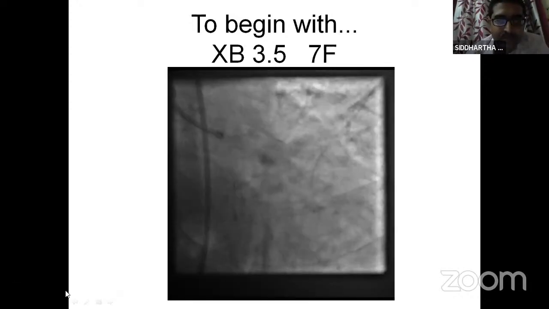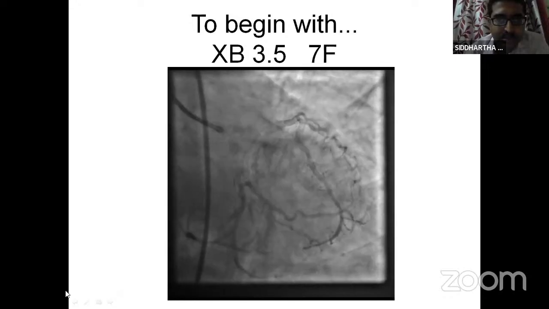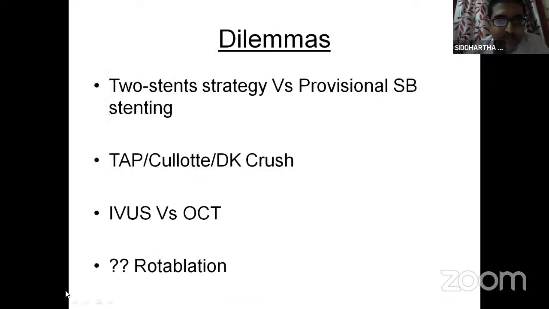I knew this was a difficult case to handle, and I was in two minds regarding whether to choose a two-stent strategy from the beginning or to go for provisional side branch stenting. The strategy I chose was very crucial here, because we all know that DK crush is the preferred technique in such bifurcation lesions.